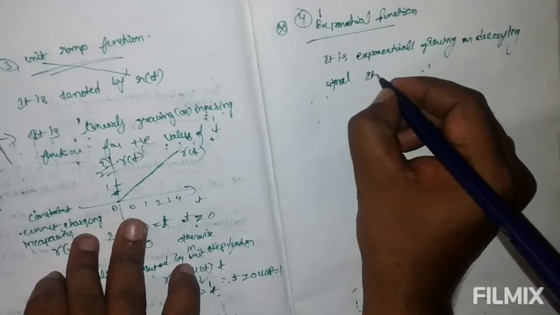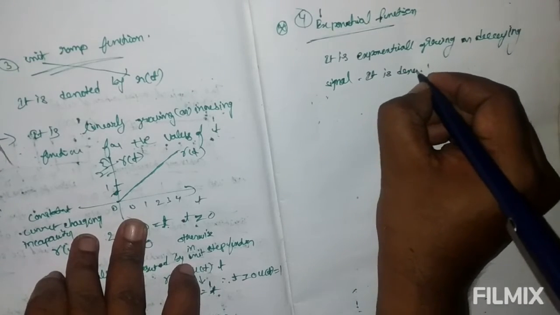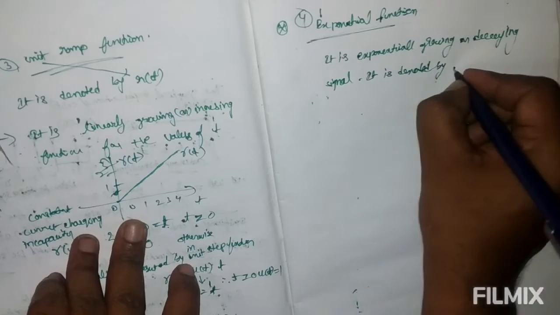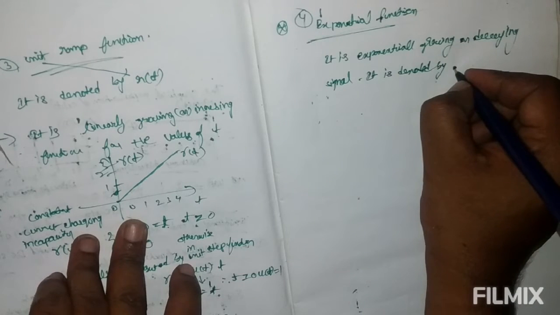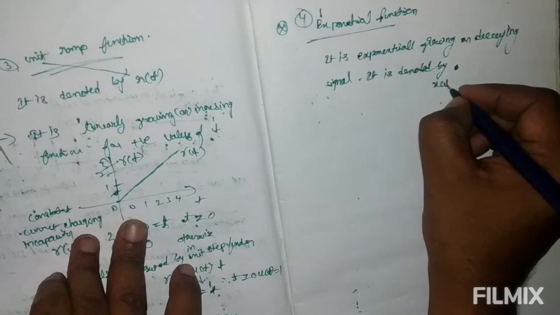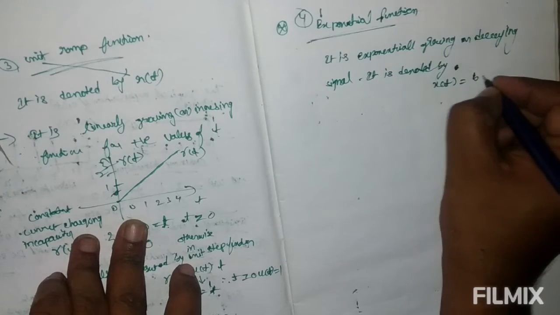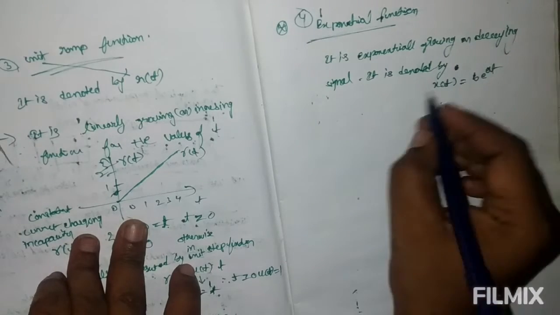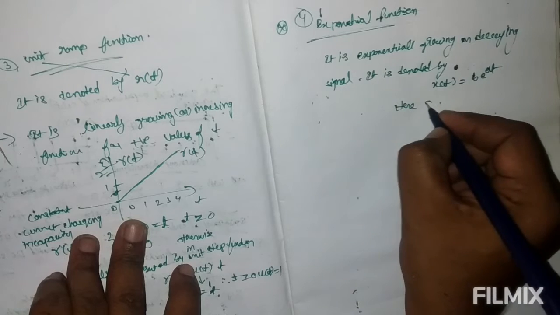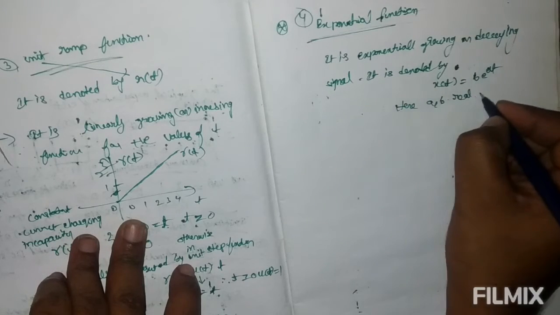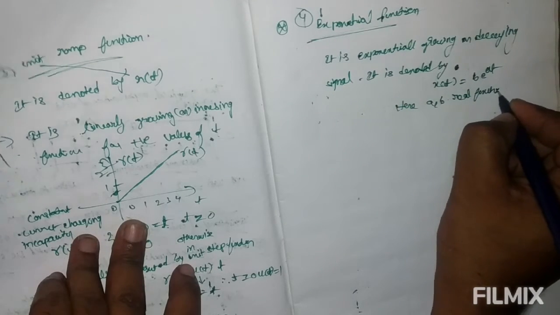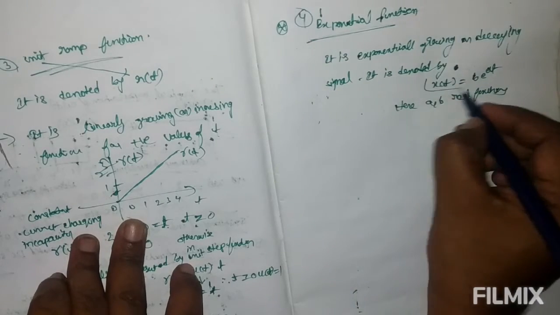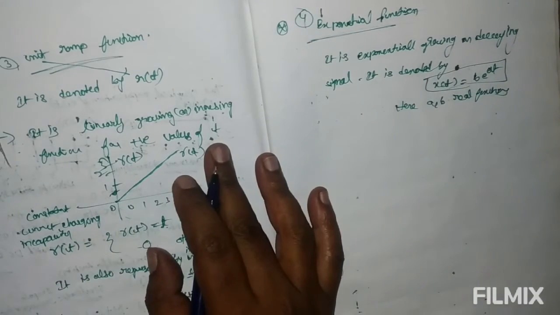It is denoted by x of t equal to b into e power at. Here a, b are real constants.